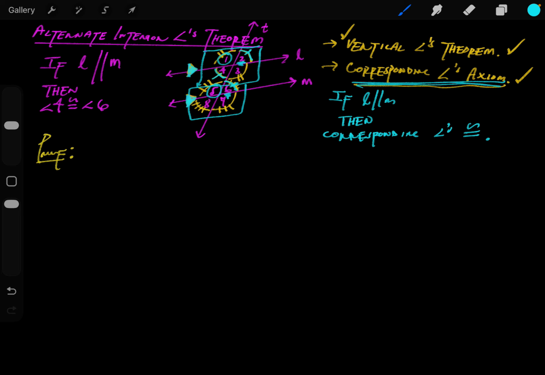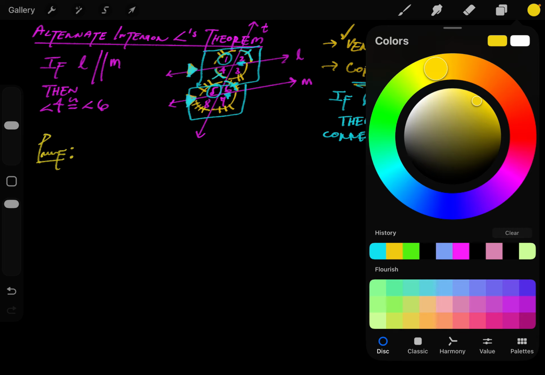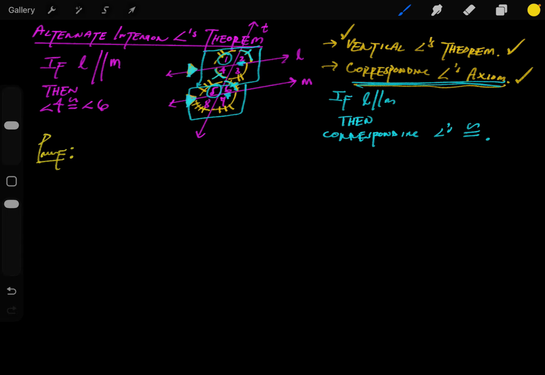That's the theory. Now let's write it. We'll go through it again. What should we write? Let's say, and it doesn't really matter where you start, there are many ways to prove this. Angle 2 is congruent to angle 6 by what? By the corresponding angles axiom. 2 is the same as 6 because they're both in the top right position and the lines are parallel, so corresponding angles are congruent.